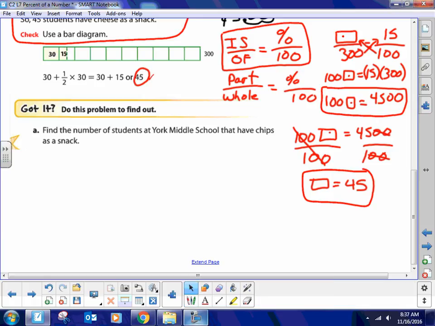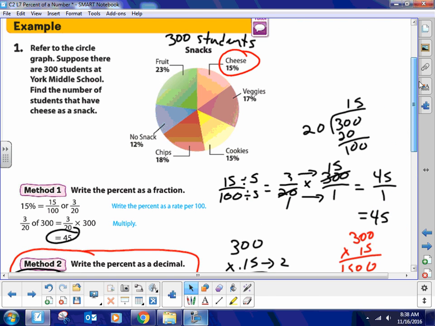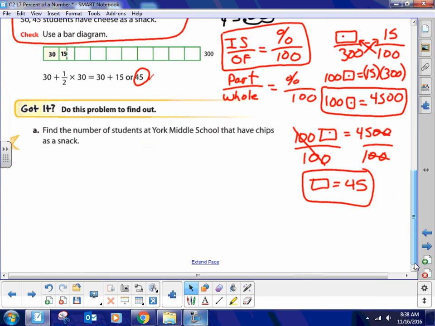Okay? So it says, find the number of students in York Middle School that have chips as a snack. We got to go up here and see what the percent of chips as a snack is. It says 18%. Okay? So we come down here. We know the number of students is 300. So 18% is equal to 0.18. Like I said, I normally use decimals.